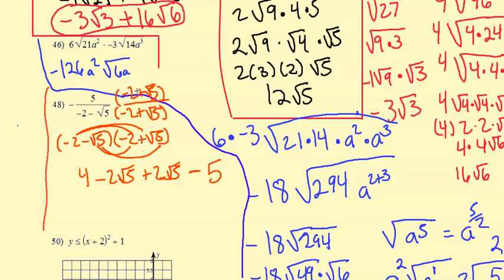Because you would have a 25 inside, the square root of 25 is just 5. These cancel. And then you would also multiply these. So we have -10 minus 5 square root 5 all over 4 minus 5.